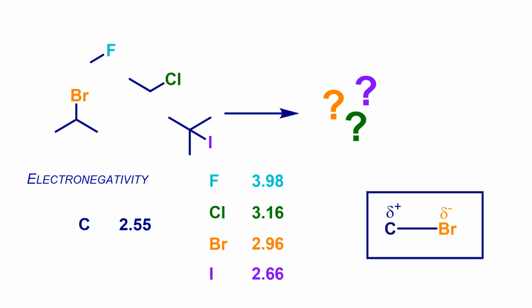This means that carbon-halogen bonds are polarized, as shown here for a carbon-bromine bond, with a partial positive charge, shown as delta plus on the carbon, and a partial negative charge, or delta minus, on the halogen atom. This polarization is key to how alkyl halides react.